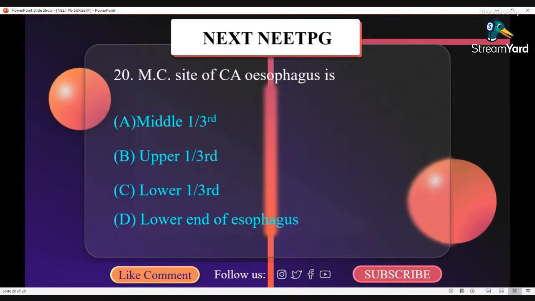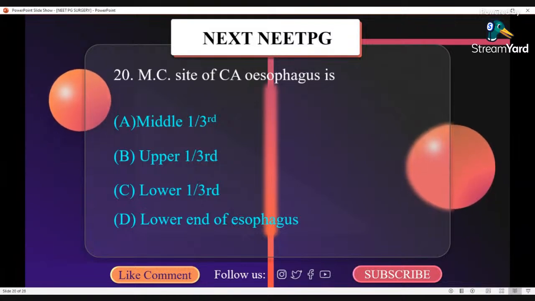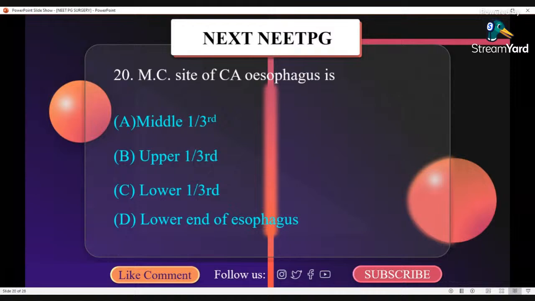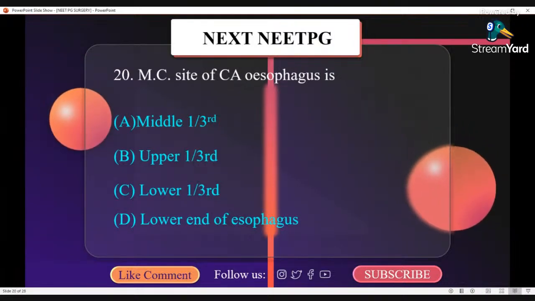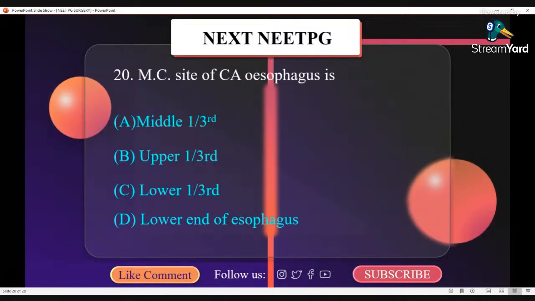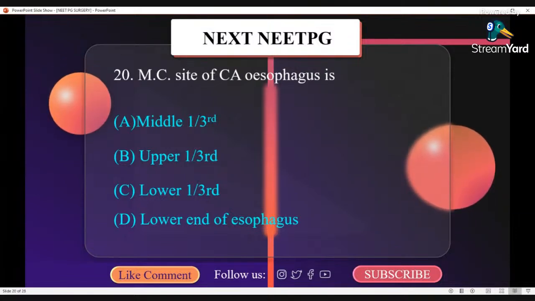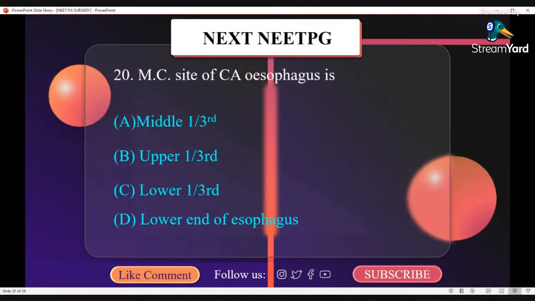Now, the most common type of CA esophagus is squamous cell carcinoma, 95%. Distribution of squamous cell carcinoma is upper one third, 10%, middle one third, 60%, and lower one third, 30%. So the most common site of CA esophagus is the middle one third.